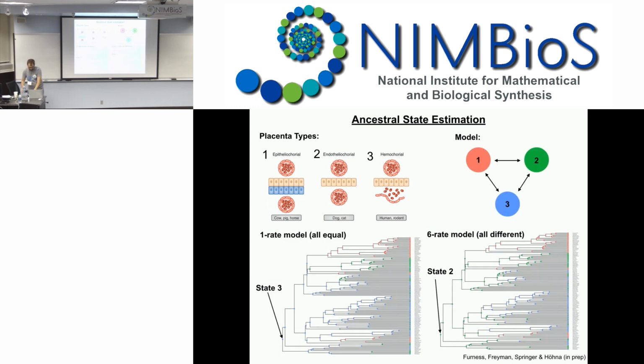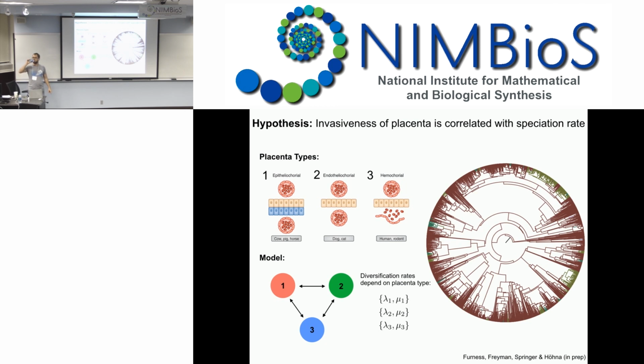Yeah. So it seemed like there were 3 categories here in the tree on the right. So if you tell the analysis there's going to be 3 categories, won't it always assign some lineages to each of those categories?